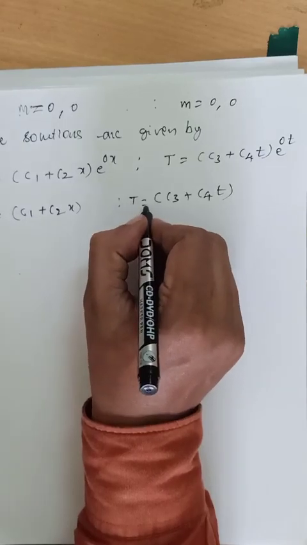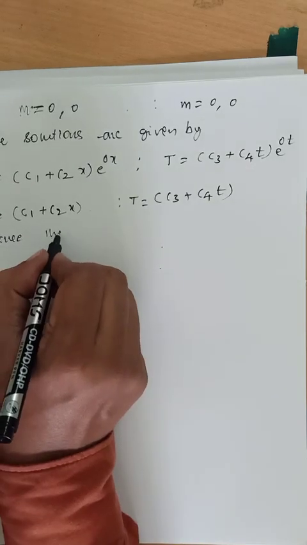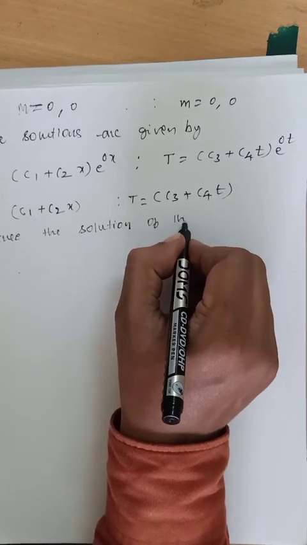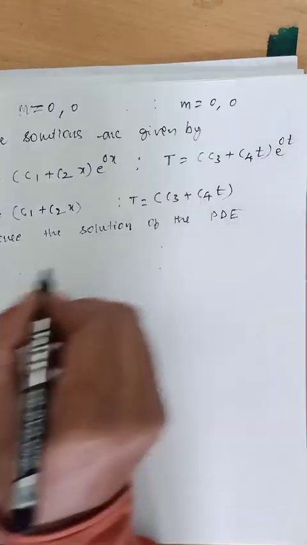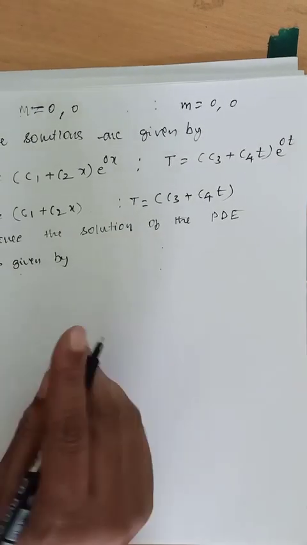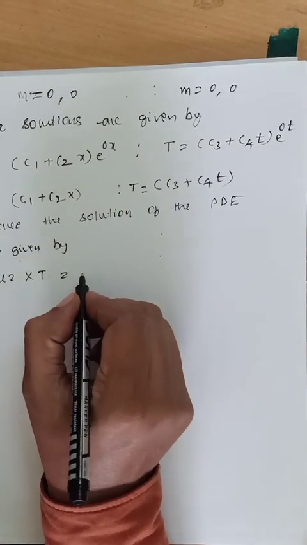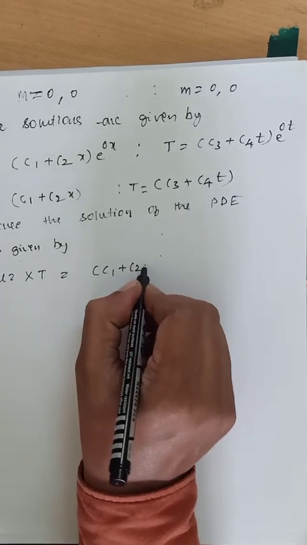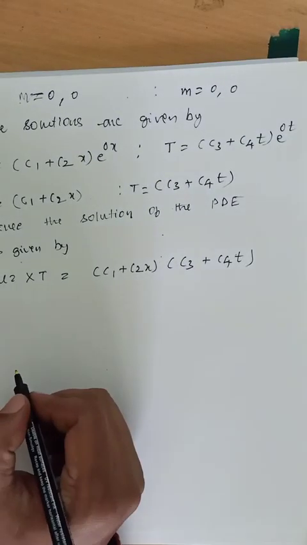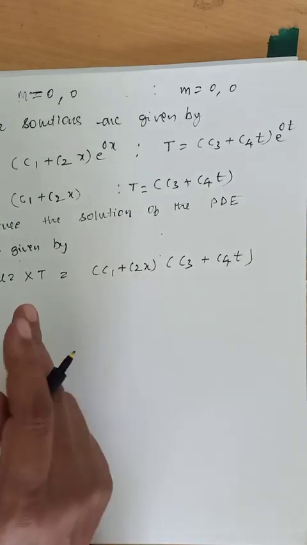So we got x and t. Hence the solution of the partial differential equation is given by u is equal to x t, that is (c1 plus c2 x) into (c3 plus c4 t). So this is the solution if k is equal to 0, the various possible solutions.